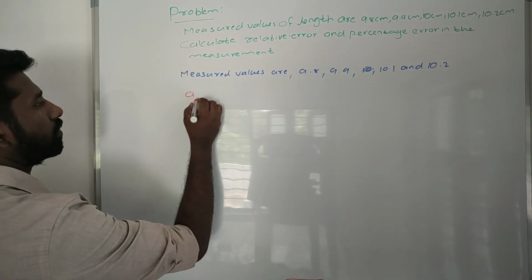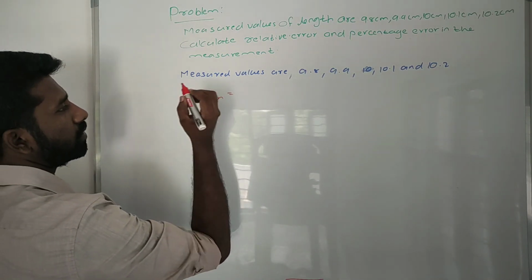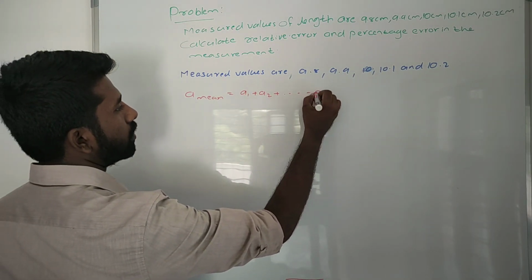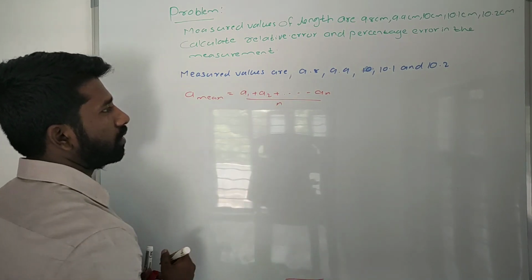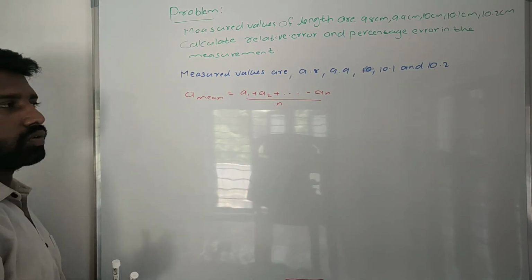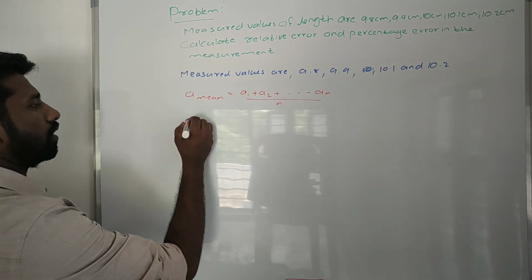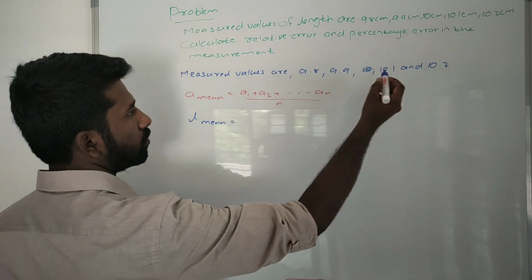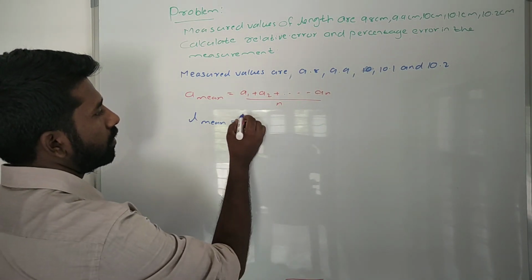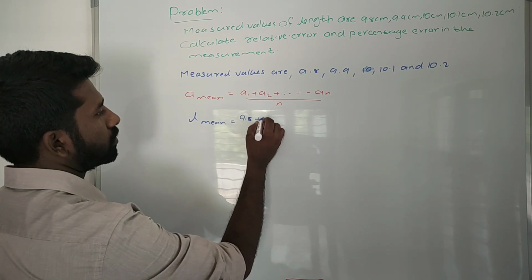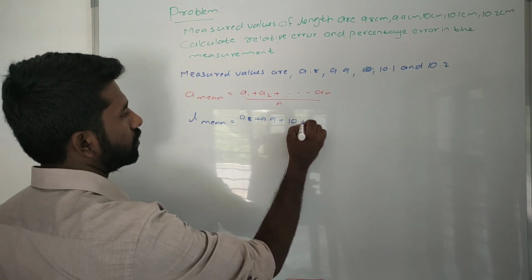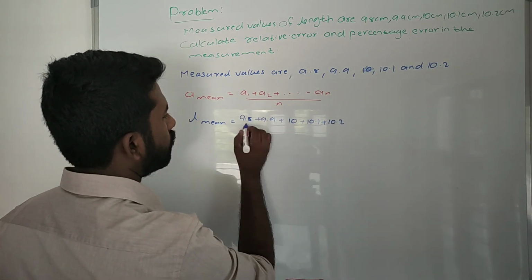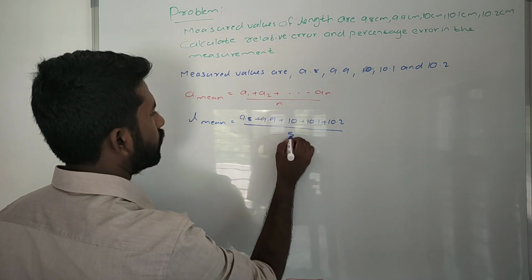A1 plus A2 plus up to AN divided by N. Here it is with length, so I am using the variable L mean. That is L1 plus L2 and so on, divided by how many? 9.8 plus 9.9 plus 10 plus 10.1 plus 10.2. There are 5 values, divided by 5.